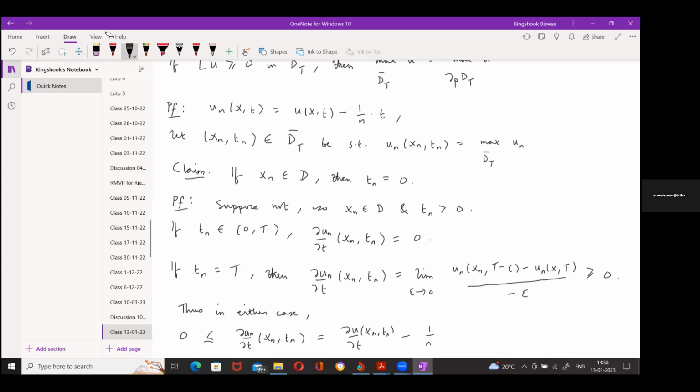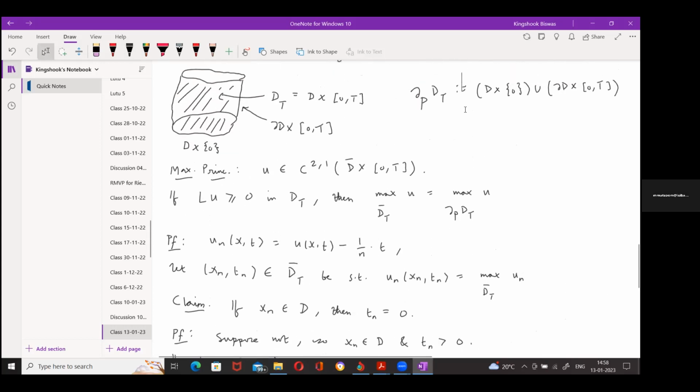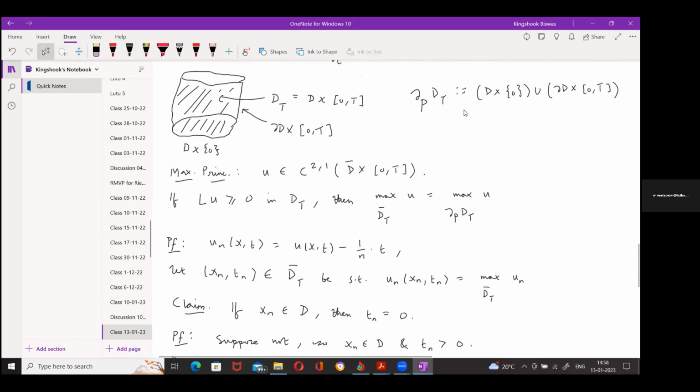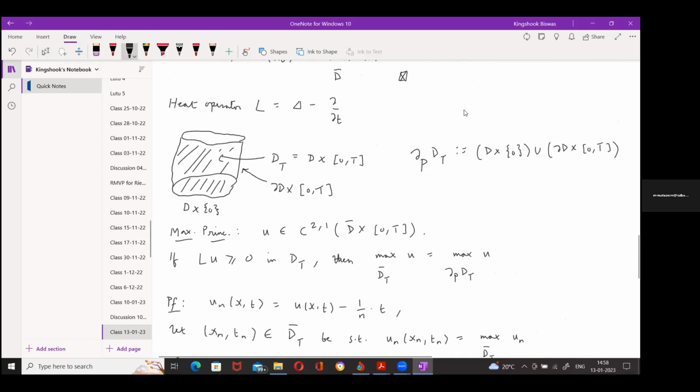Now I can use the hypothesis that the heat operator applied to u is non-negative. The heat operator, remember, was Laplacian minus del del t. So if Lu is greater than or equal to 0, that means del u del t is less than or equal to Laplacian u.